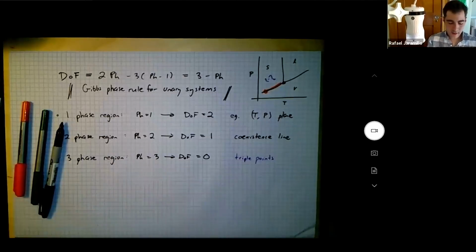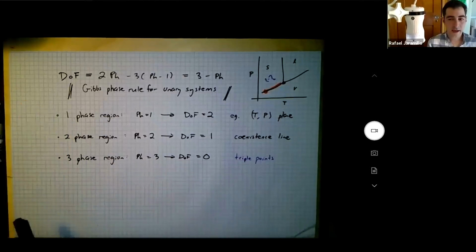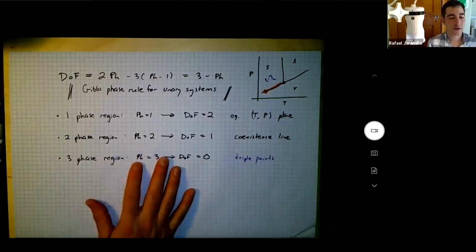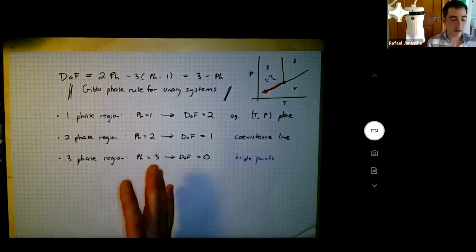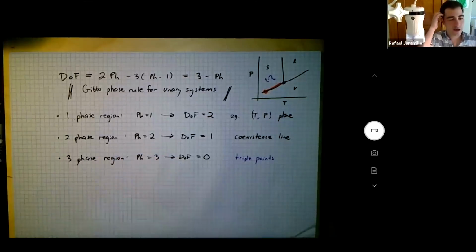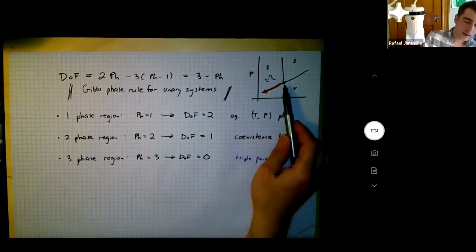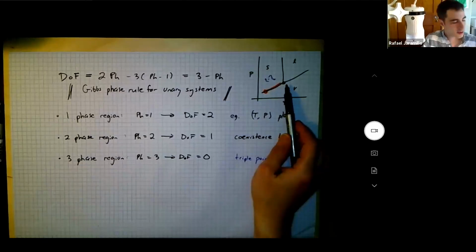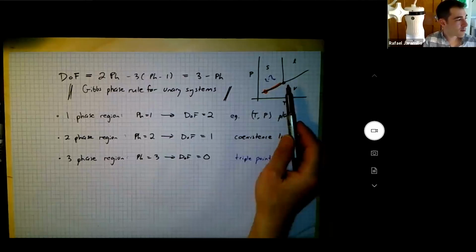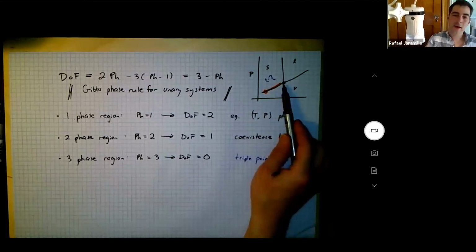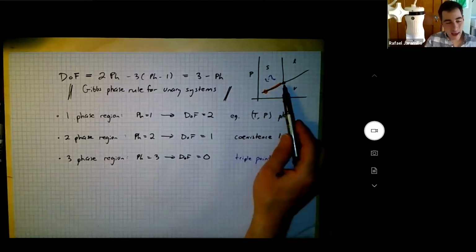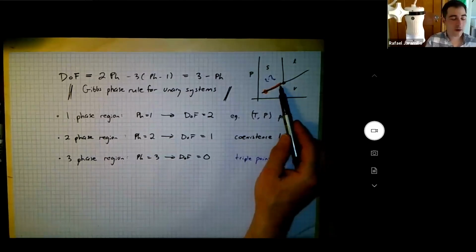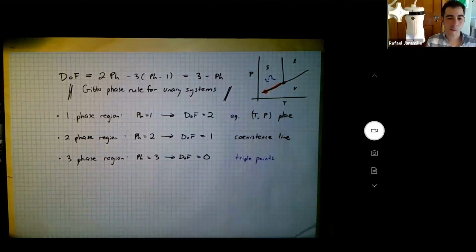However, they're special points. If I change temperature or pressure away from those points, I fall out of that 3 phase coexistence condition. For example, my triple point here of water is, gosh, what is it? It's like 10 torr and right around 273 K. I forget exactly the number. If I'm at any temperature and pressure other than that special triple point, I cannot have all 3 phases coexisting in equilibrium.